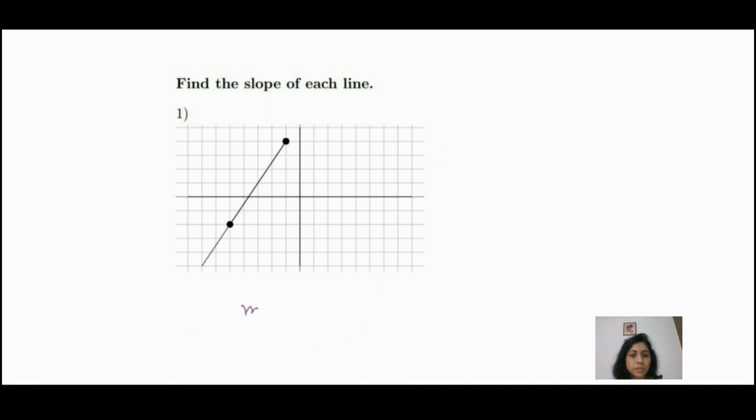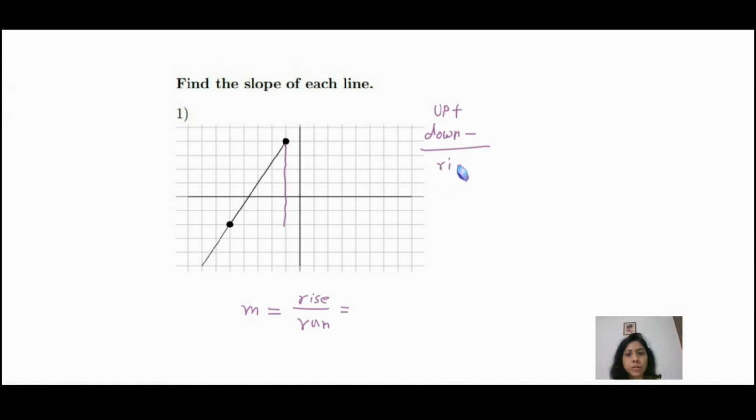So our formula is rise upon run, and here you can count them: one, two, three, 4, 5, 6. Before we go to this, just remember, up means positive, down means going down, so negative.